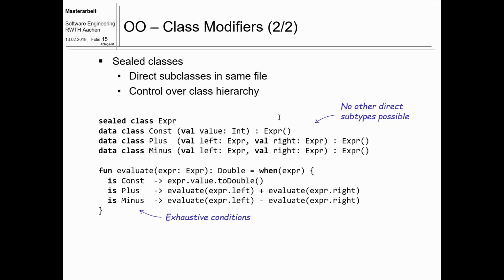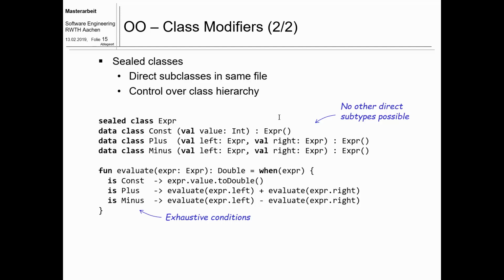Because in enum classes, you also have your finite set of distinct elements, but each of those can only represent a single instance. And with sealed classes, you basically also have your finite set of direct subclasses, of distinct subclasses, which are kind of like a partitioning as well. But each of those, again, represents a class and not just a single instance.